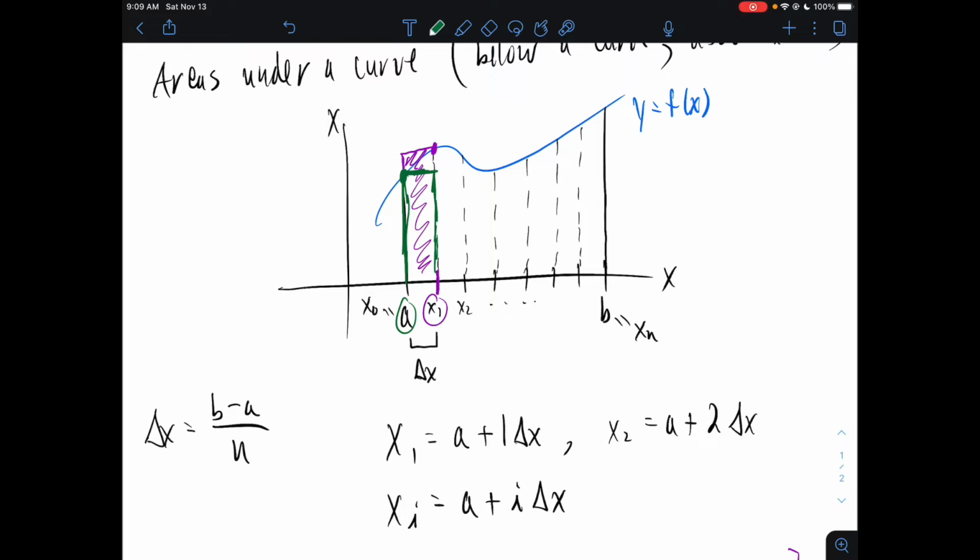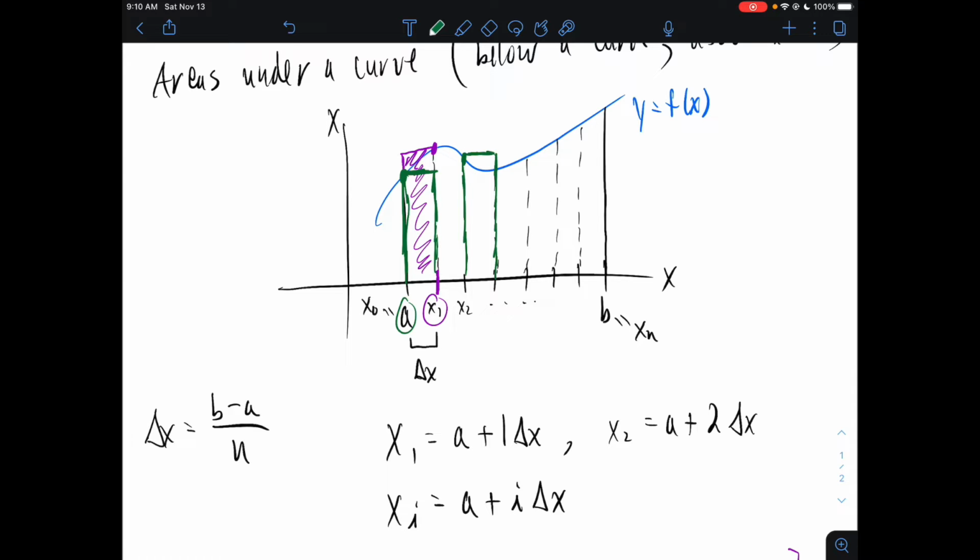So what you start to see in the wording of this lesson or in this section is upper and lower estimates for the areas. And it depends on if you're using right or left endpoints, but it also depends on what's happening with the curve as well. Like if I used a left endpoint here, I would get a rectangle that's above the curve.